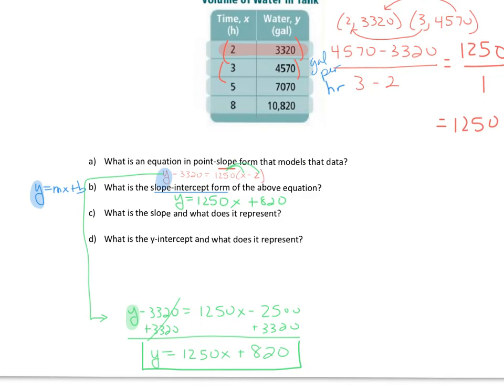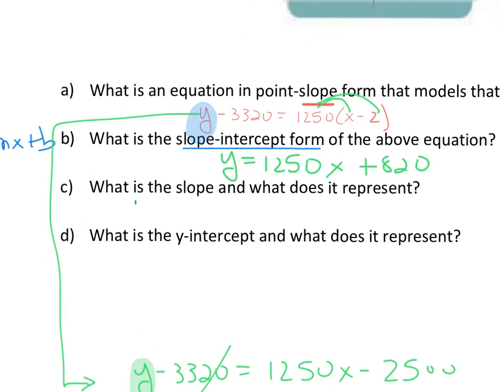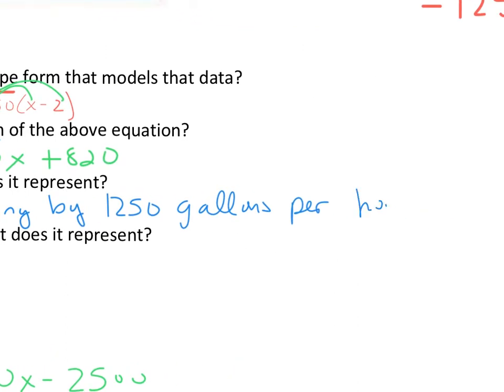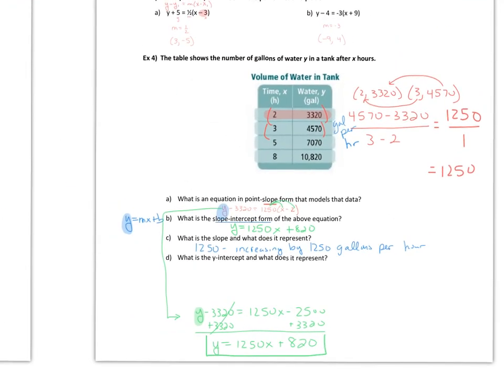My slope is 1250. And what does it mean? Since it's positive, it's increasing by 1,250 gallons per hour. In other words, the tank is increasing by 1,250 gallons per hour.